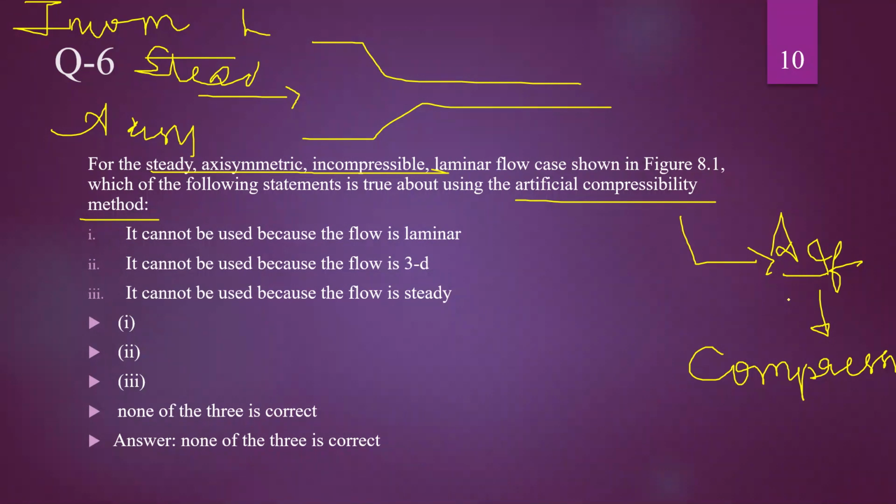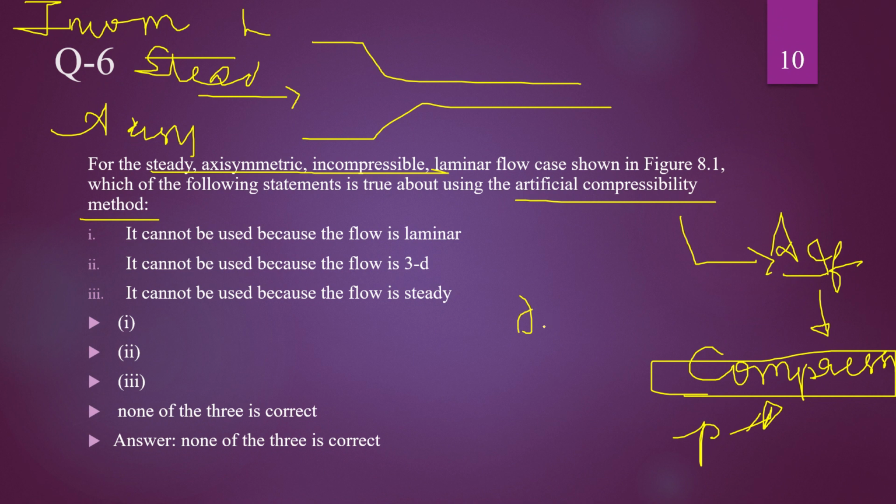The artificial compressibility method is similar to the compressible fluid flow method, wherein we introduce an additional term to compensate for the incompressibility in the governing equations, so that the dou rho term would also be accounted for in addition. So the artificial compressibility method is a method used to solve incompressible fluid flow.